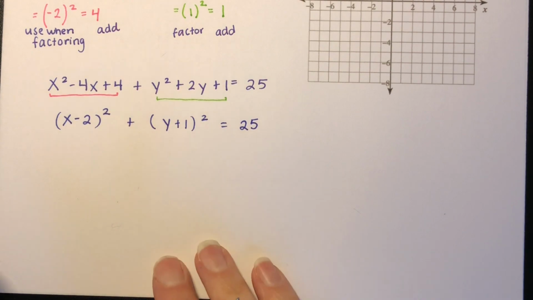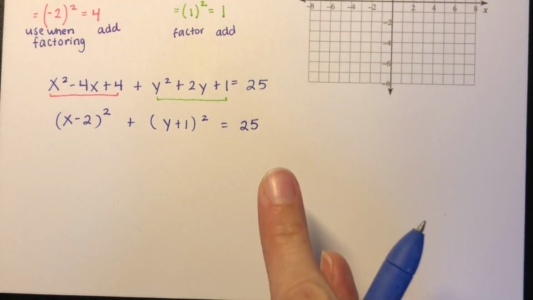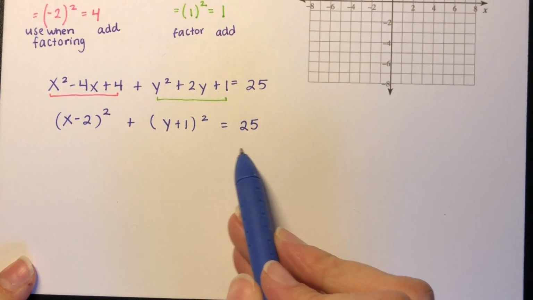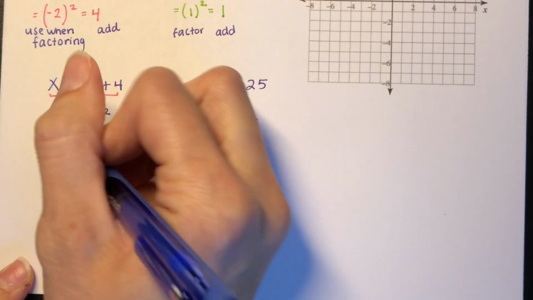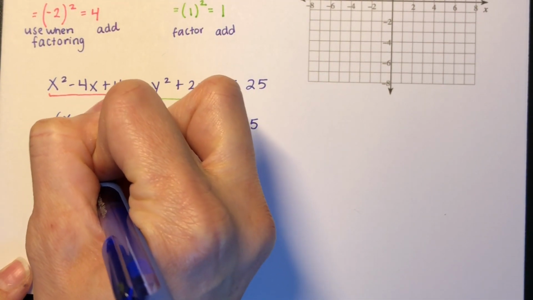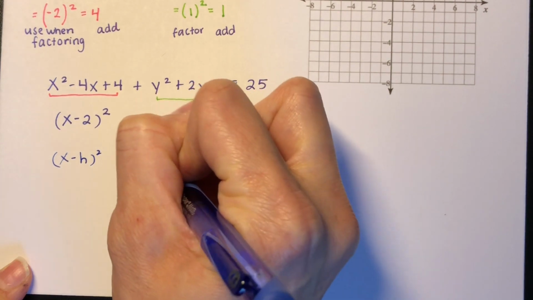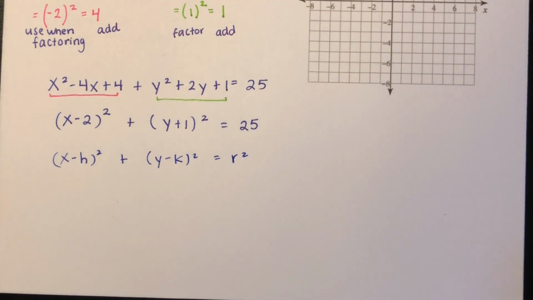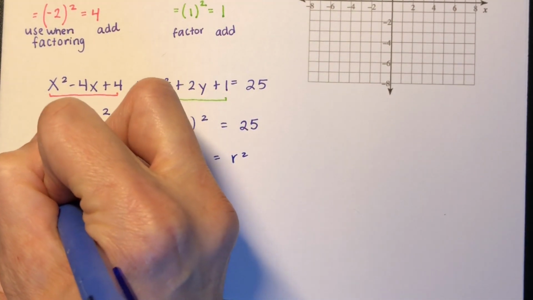All right, so I have written my equation, so now that it looks like a circle, I can identify h and k and my radius. So in order to do that, I'm going to go ahead and write down my standard form, r squared, and now I'm going to write this so I can see h and k.